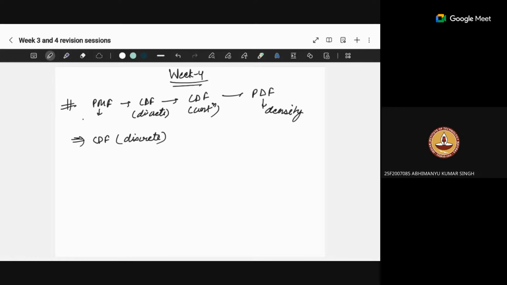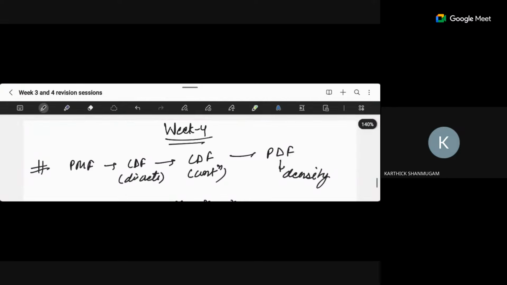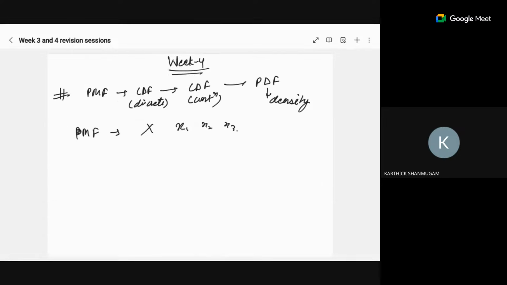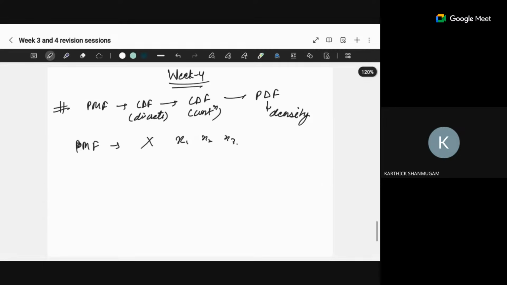PMF is just a probability mass function, for the discrete case. It is the probability of a random variable taking the value x. Basically, if my x has some values x1, x2 and x3, the PMF is the probabilities associated with each of these values.